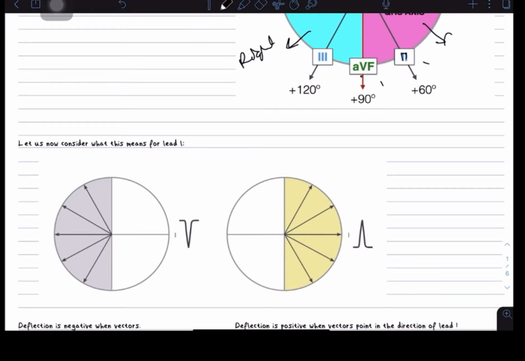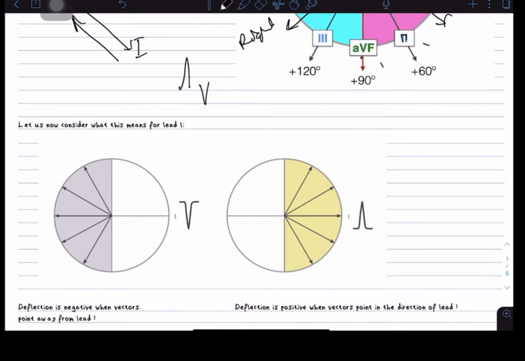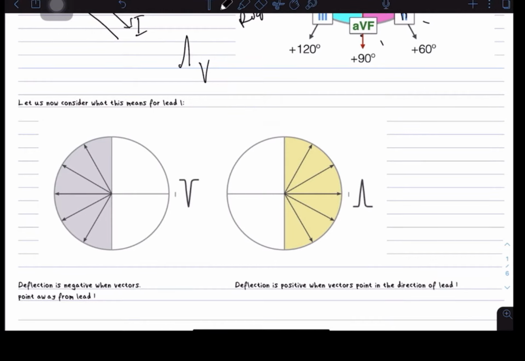If we see lead 1, when the depolarization is coming in this direction, it's going to be a positive deflection. And if it's going away from lead 1, it's going to be a negative deflection, and we represent the deflection in this chart like this.